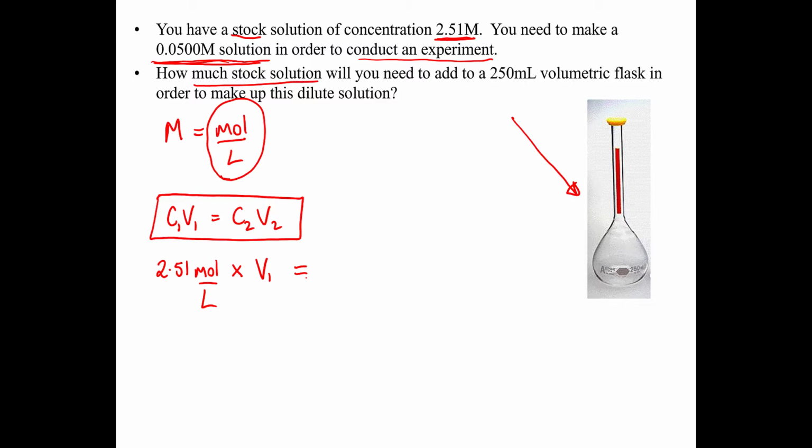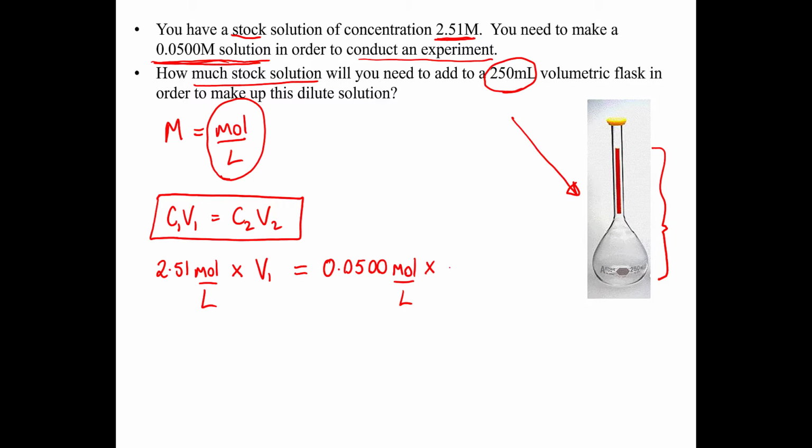So that final concentration is going to be 0.0500, and that's again in molar, but I'm preferring moles per liter because those units are much more instructive to me. And we're going to multiply that by the final volume. Well, the final volume is going to be the volume in this volumetric flask. It's 250 milliliters.